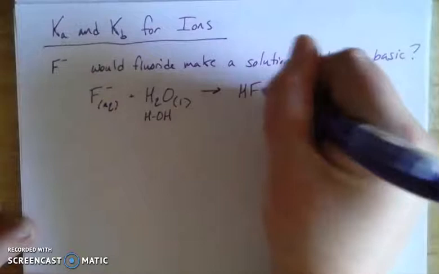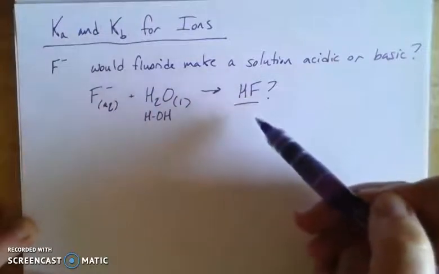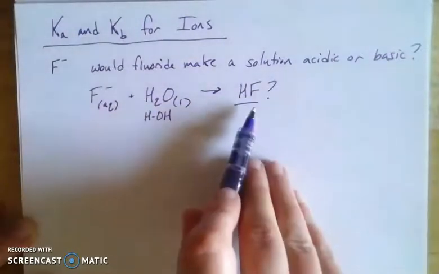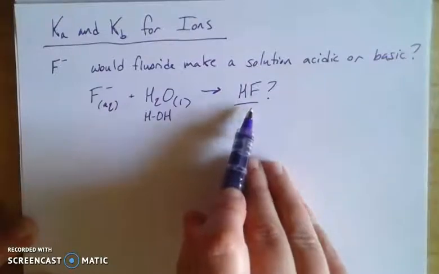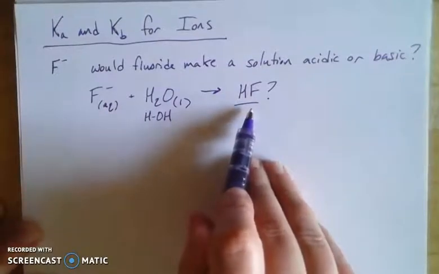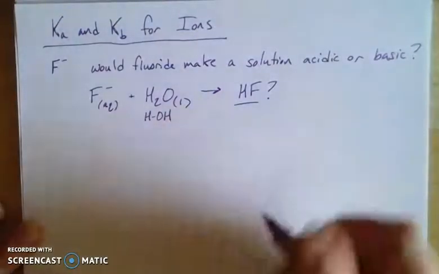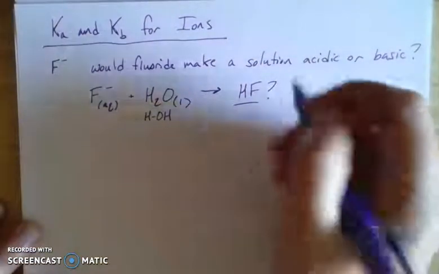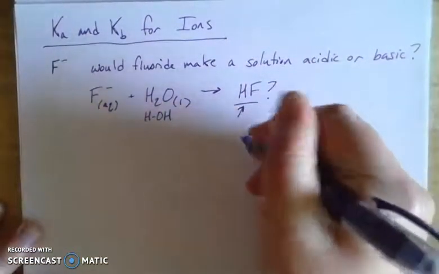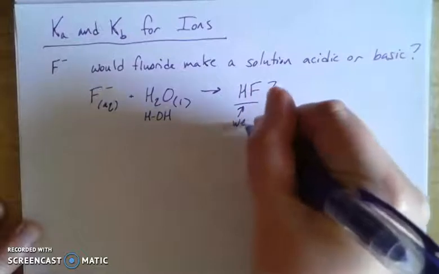So I'm really asking, would I make hydrogen fluoride or hydrofluoric acid? So again, what I'm really asking is, is this a strong or weak acid? And hopefully, because you have memorized your strong acids, you know them like the back of your hand, then you know that hydrogen fluoride or hydrofluoric acid is a weak acid.